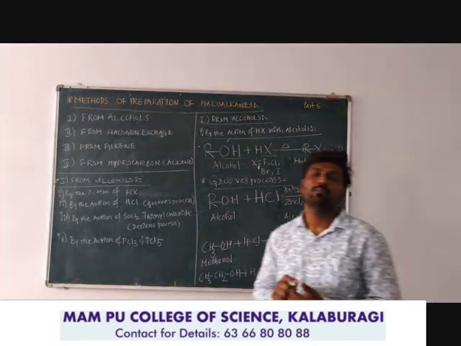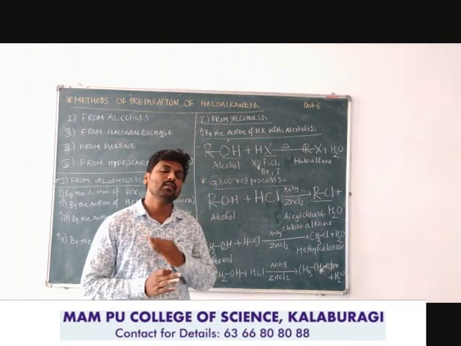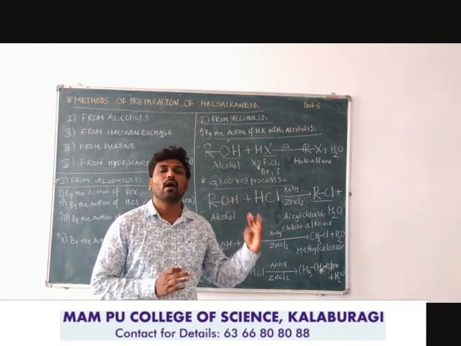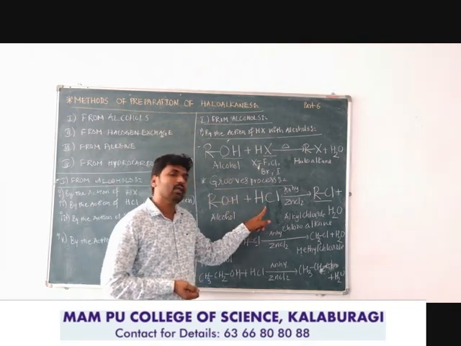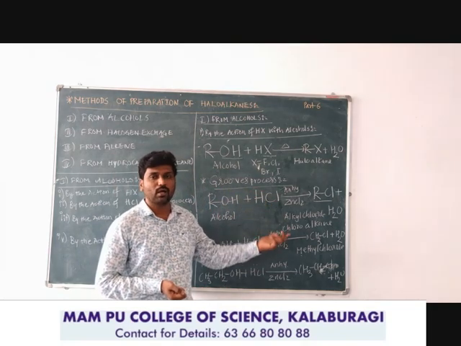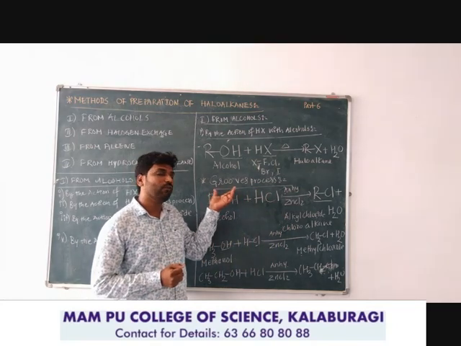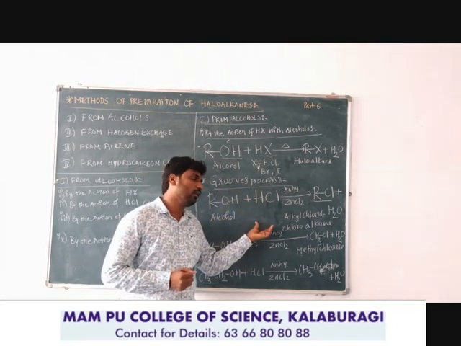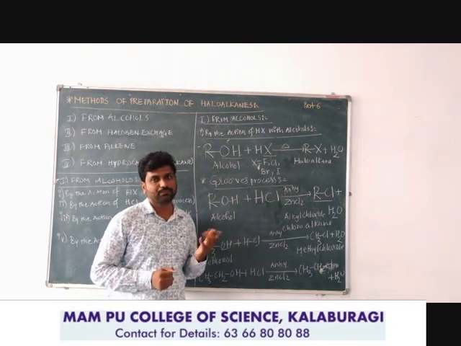Similarly, you can prepare propyl chloride, butyl chloride, pentyl chloride, and generally alkyl chloride or chloroalkanes by the Groove process. If I had taken HBr, it would give bromoalkane; fluorine, fluoroalkane; iodine, iodoalkane. But the Groove process is meant only for the preparation of alkyl chloride by the action of alcohol with HCl.